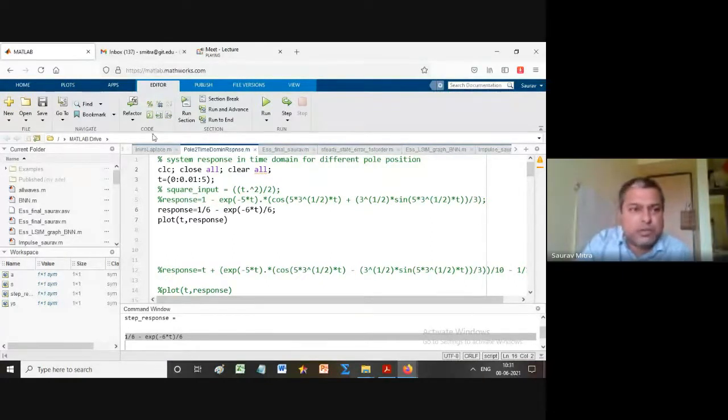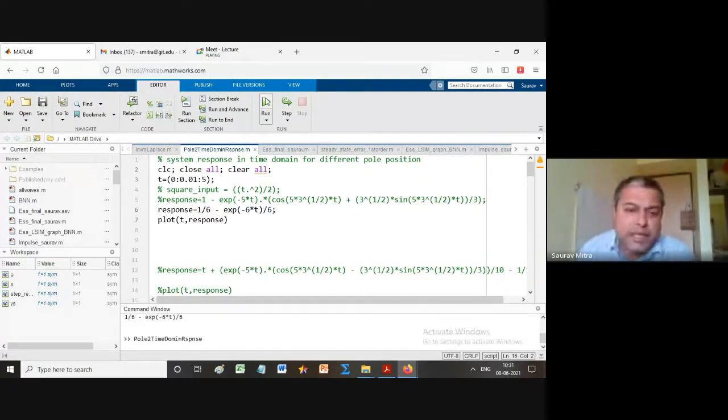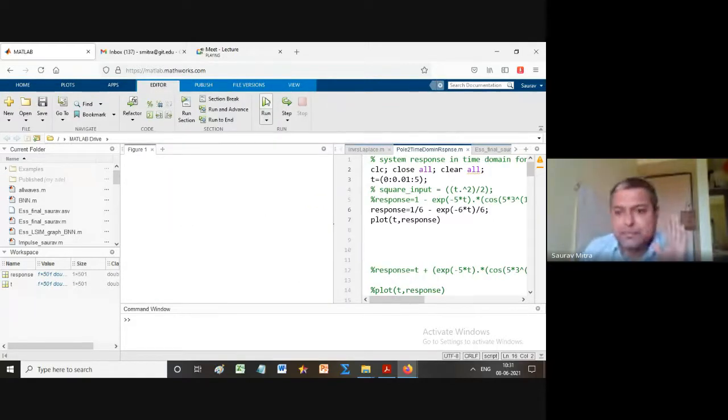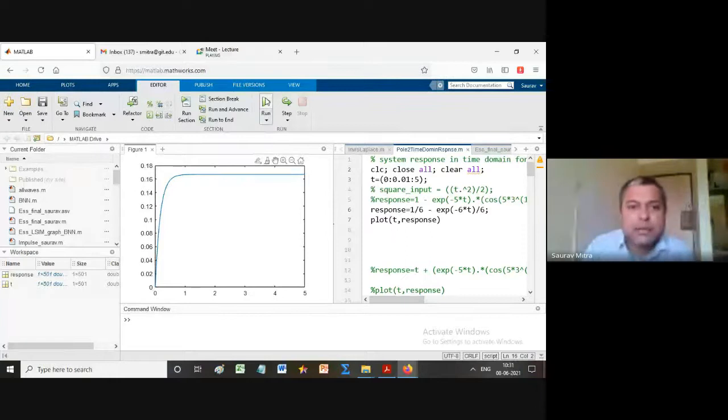Now plot response, and save. And how much is the difference between input and output? What is input? Input is 1. That you have to remember. Input is 1, which means unit step. I'm sorry, not steady state. Input is 1. Now you can see the output. Are you able to visualize the output, students?